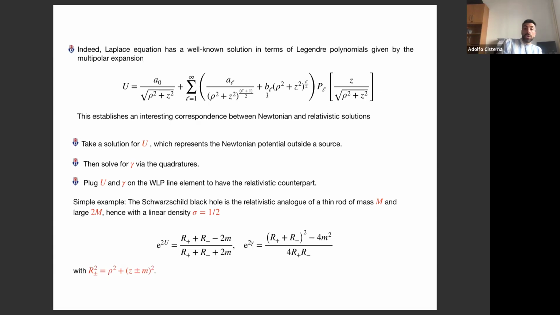And you have two contributions: those controlled by A_L, which are going to be the asymptotically flat sector of solutions, and those controlled by the multipole constant called B_L, which are not asymptotically flat and most probably will induce a curvature singularity at infinity, right? Because this grows towards infinity, so usually they place singularities there.